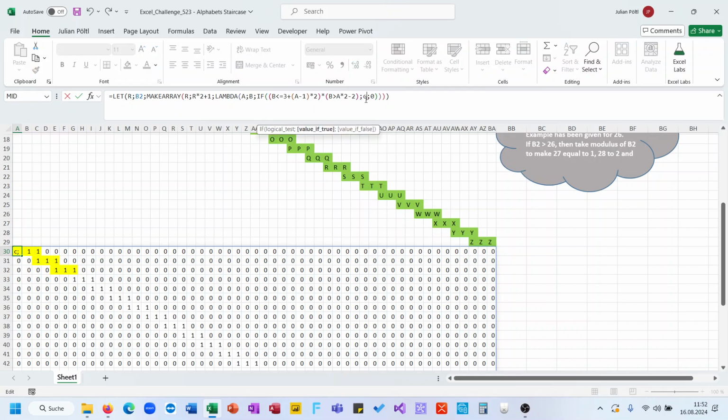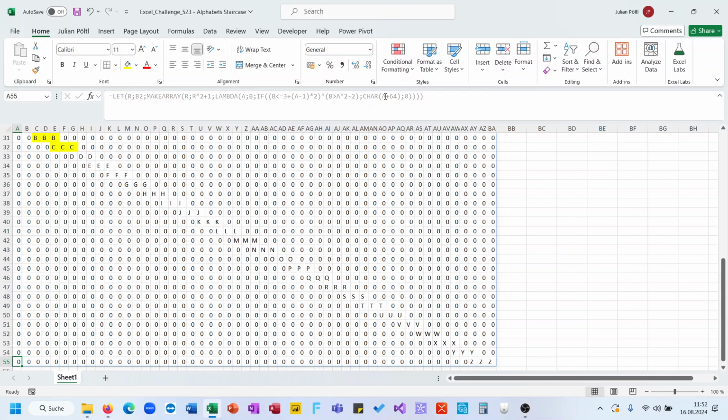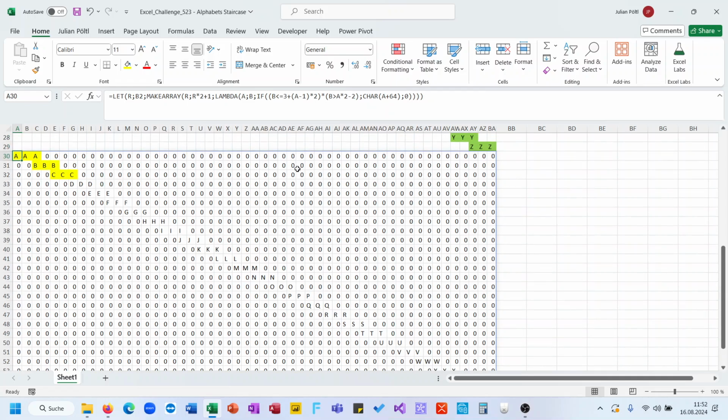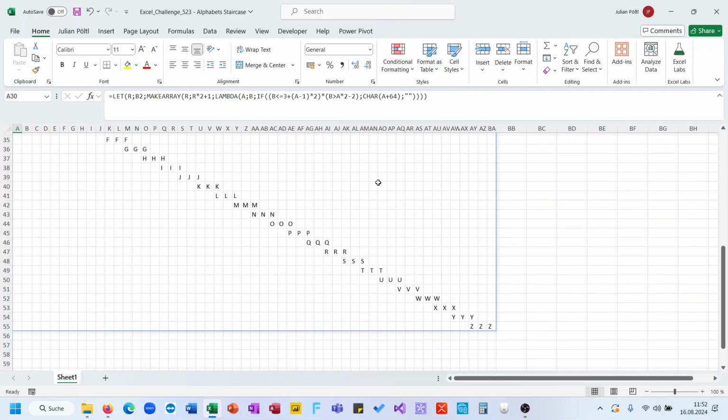And then we want CHAR of A, because A are our rows, plus 64. And you see we get the structure, otherwise we will have nothing.